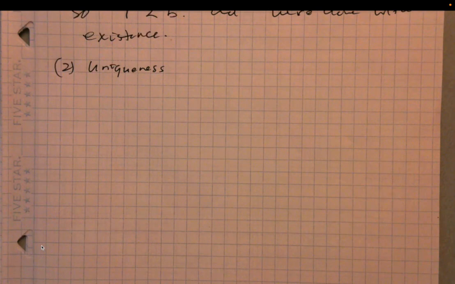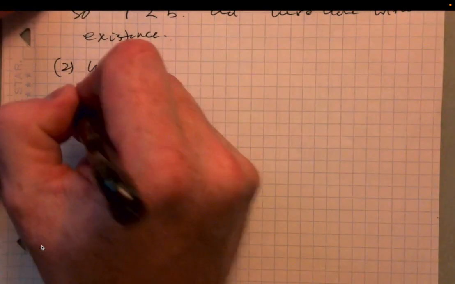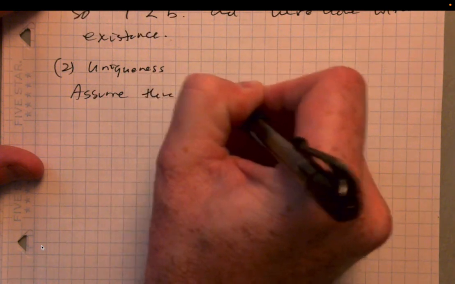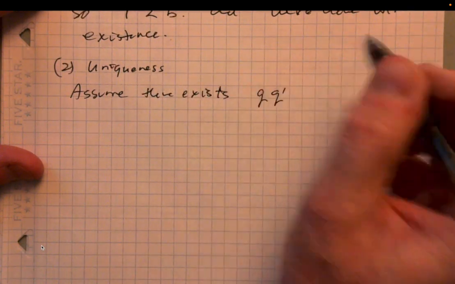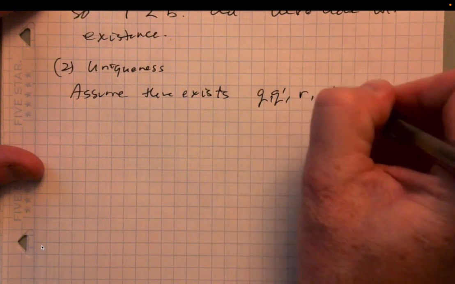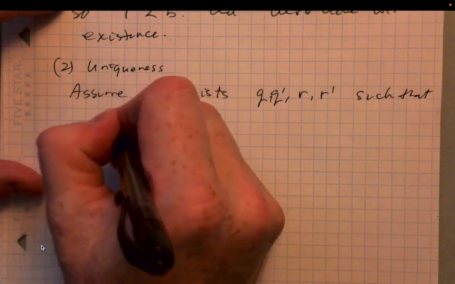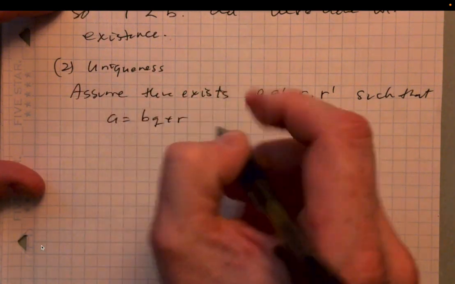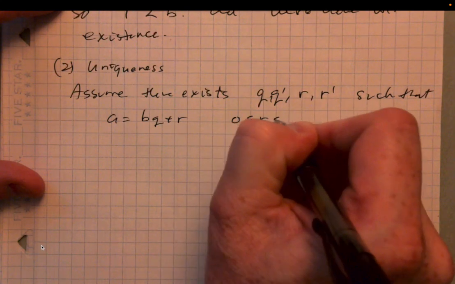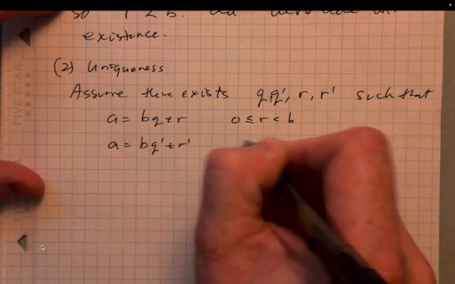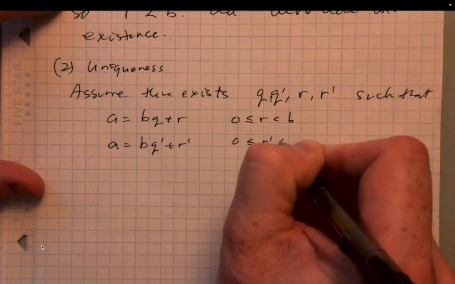Right, so the way to prove uniqueness is to assume there exists some other q and r. So let's assume there exist q, q prime, r, r prime, such that a equals bq plus r, where 0 is less than or equal to r less than b, and a is also equal to b times q prime plus r prime, where 0 is less than or equal to r prime less than b.